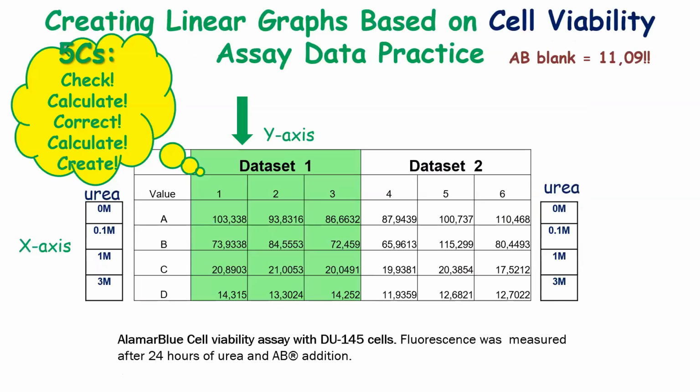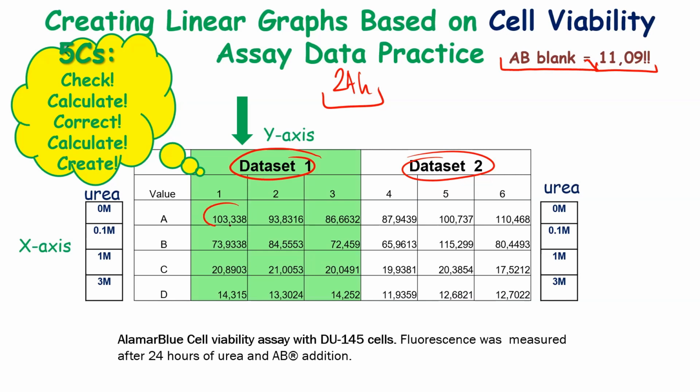Okay, so we have the datasets here. We have 2 datasets related to the 24-hour measurement of the treatment. Here we have already calculated the blank for your cells. The blank is 1109.